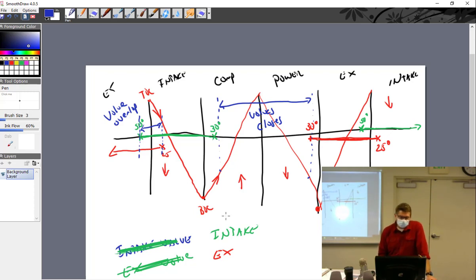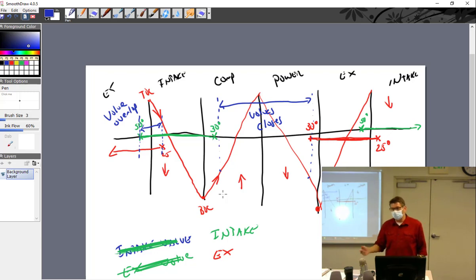And you are supposed to be able to figure out things like this. There are a lot of FAA questions, and I think I have some too, that give you an engine and will verbally describe, just as I did right here. If the intake valve closes here, the exhaust valve closes here, what is the duration? Duration is how long the valves are on the seat, right?